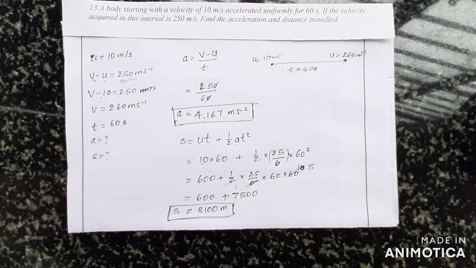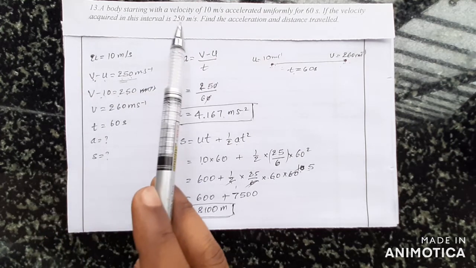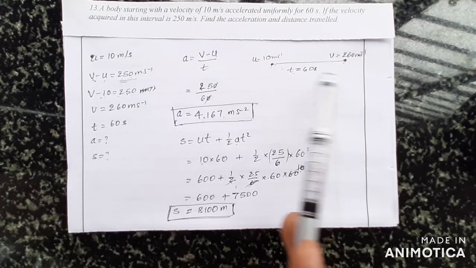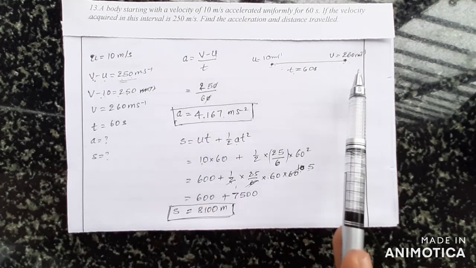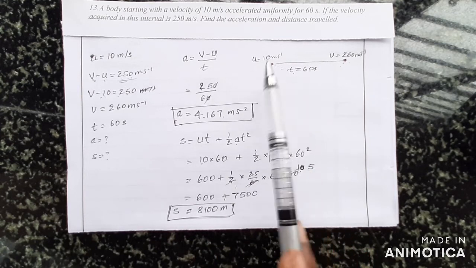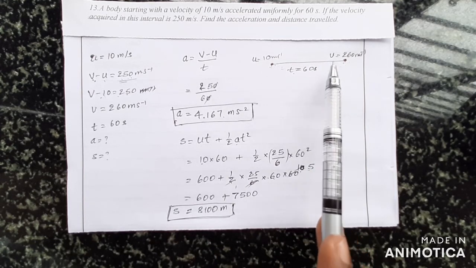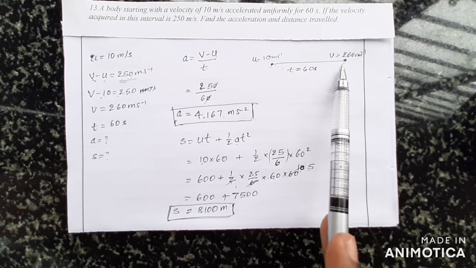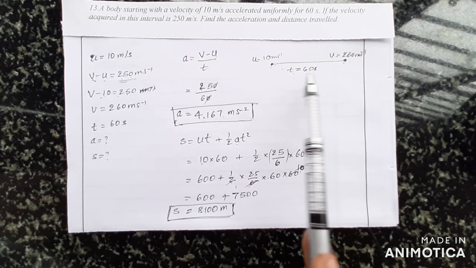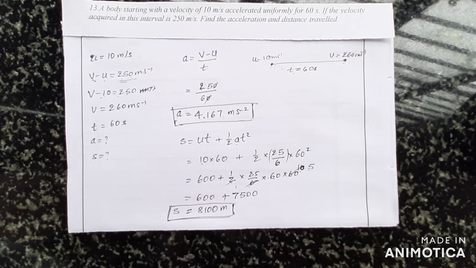8,100 meter is the total distance traveled by the body when it acquires a velocity of 250 meter per second in this interval. In this interval, it is acquiring 250. If the total acquired velocity was 250, then final velocity will be directly 250. Okay, you should keep this in mind.